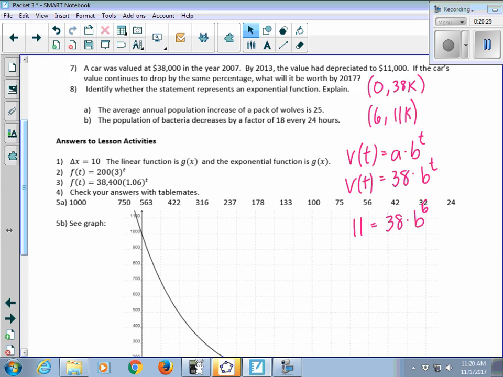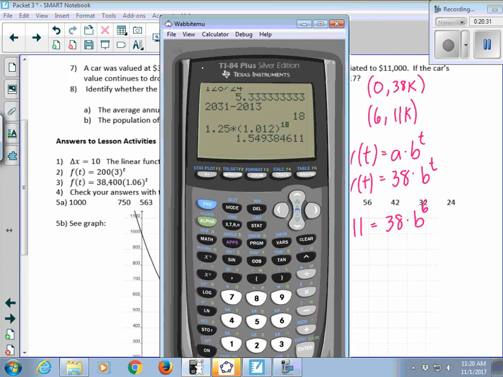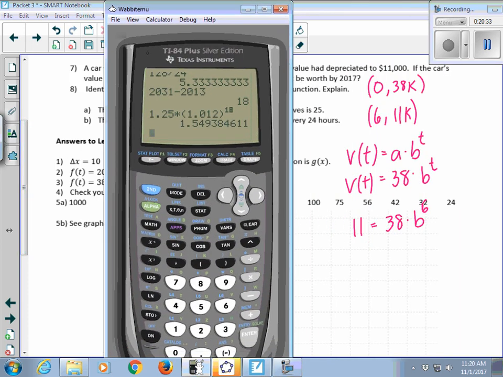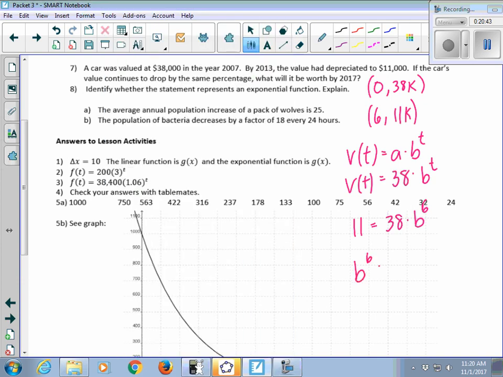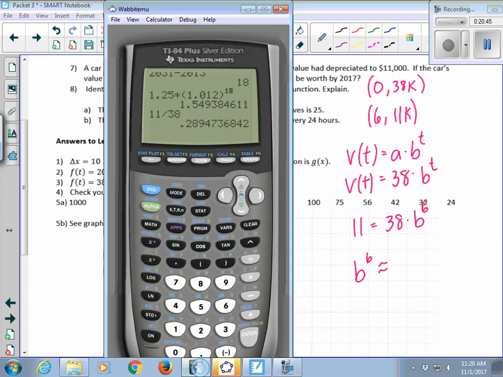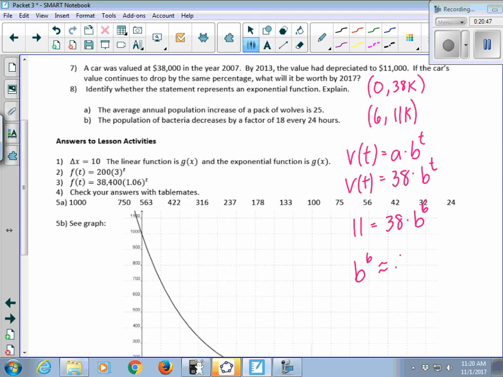All right, so I'm going to do 11 over 38. And I get a decimal, and then I have to take the 6th root of that to get b by itself. So I have b to the 6th is approximately 0.289, and I have to take the 6th root of that to get my b value.